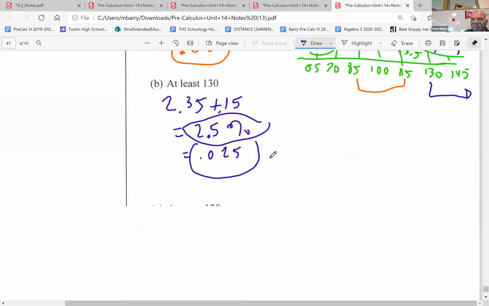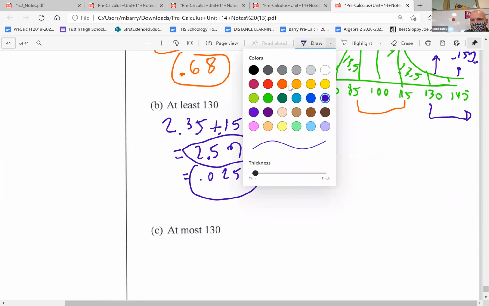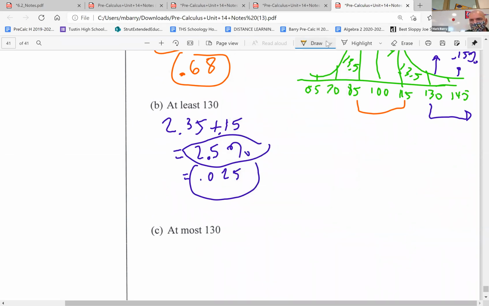All right, and finally, at most 130. So at most 130 would mean less than or equal to 130. So that's actually going the other direction from 130. Now you could get all of those little pieces and add them all up.